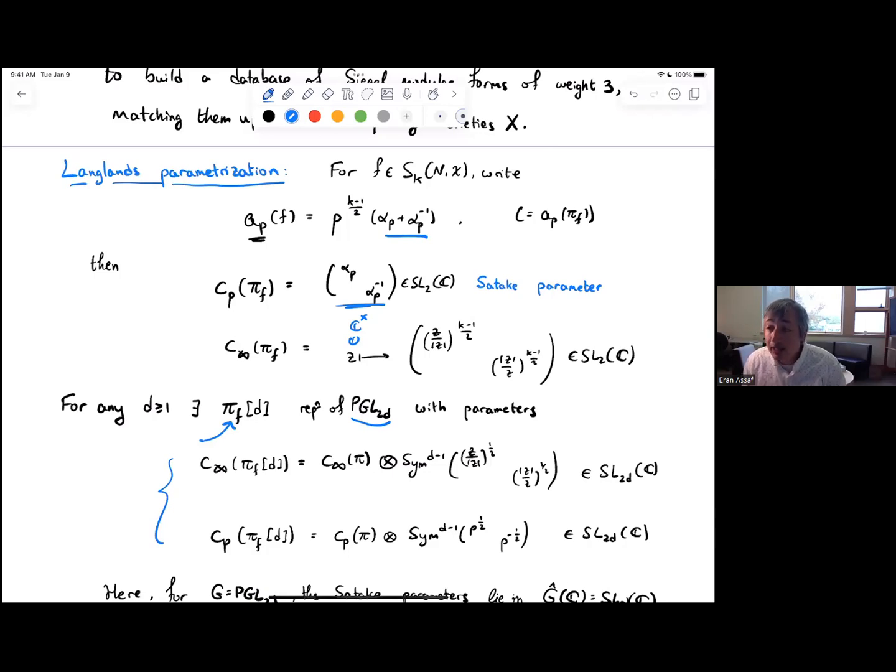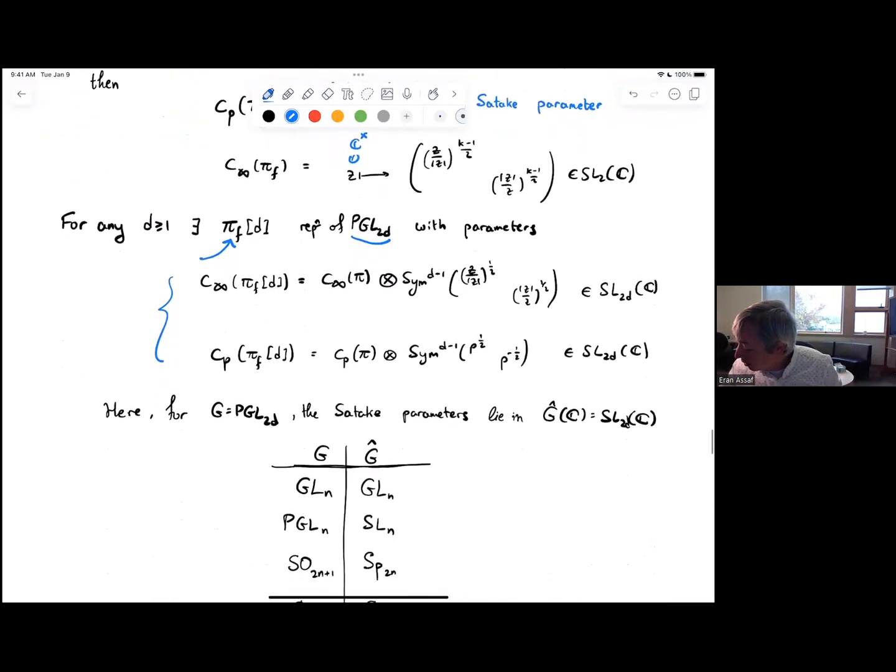And the idea is just to use the construction of the symmetric power to give us representations over the larger group. And these representations are usually non-cuspidal. So this corresponds in classical language and terminology to the existence of lifts. We lift modular forms to get modular forms of larger groups.